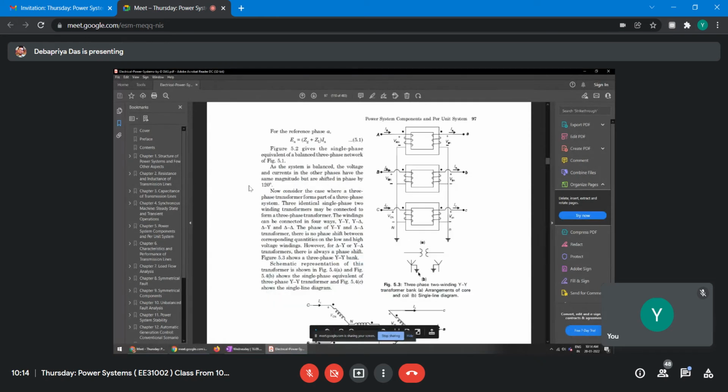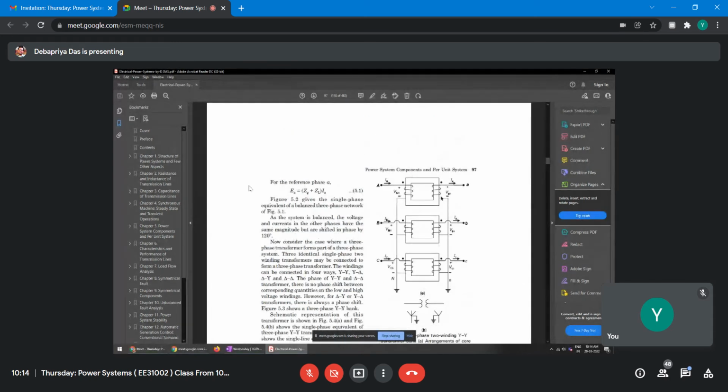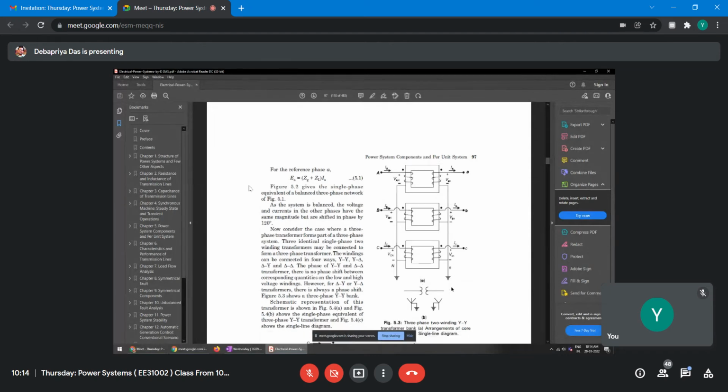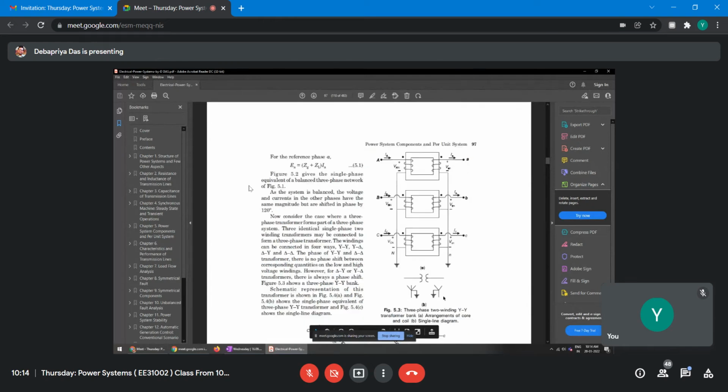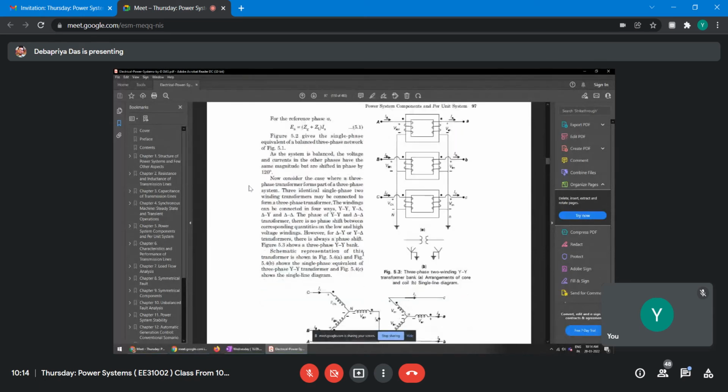This is grounded, star grounded. Similarly, this side also, this is taken out, this is taken out, and this is taken out, star grounded, right? If you look at points A, B, and C, it is forming a star connection. The secondary side is also forming a star connection, but both sides are grounded, right? So this is the schematic representation of this transformer.